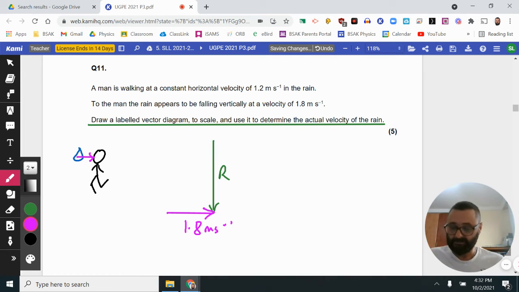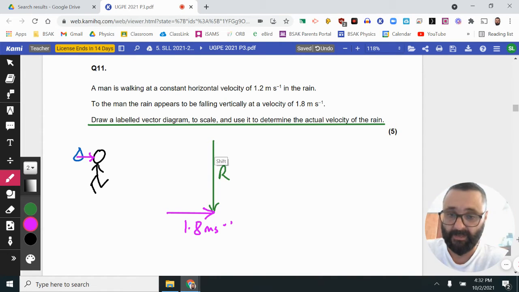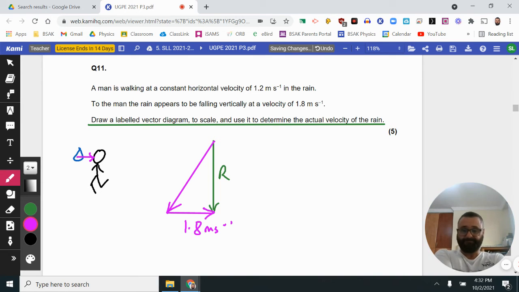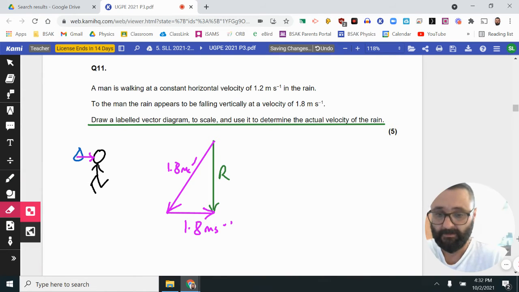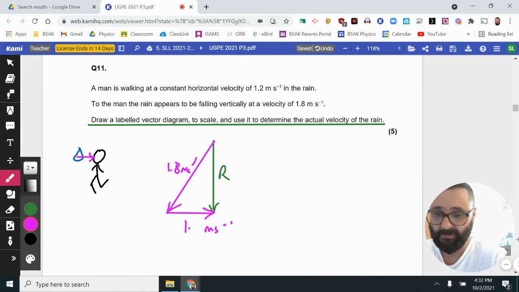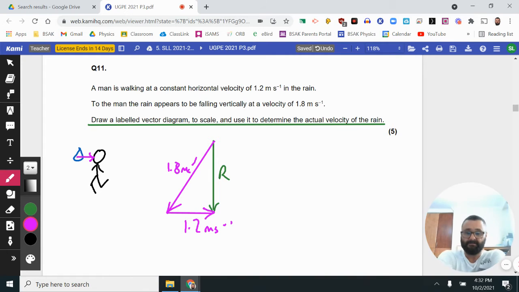Now, that means that the rain must actually be traveling in that direction. Now, the speed of the rain in that direction is 1.8. That's wrong there. That should be 1.2. So the man's walking to the right at 1.2, so the rain is moving to the left at 1.2.